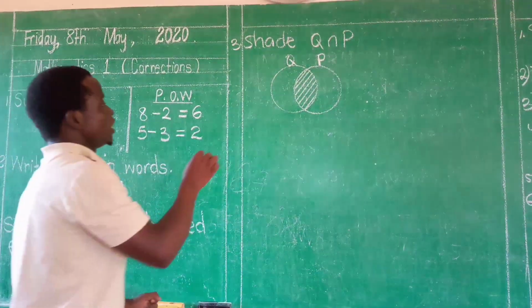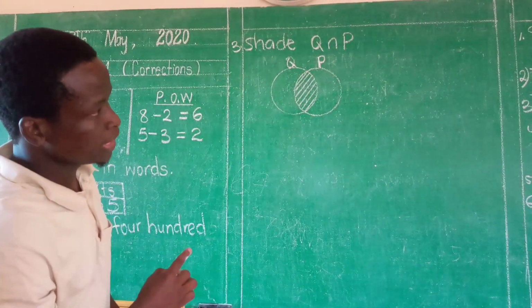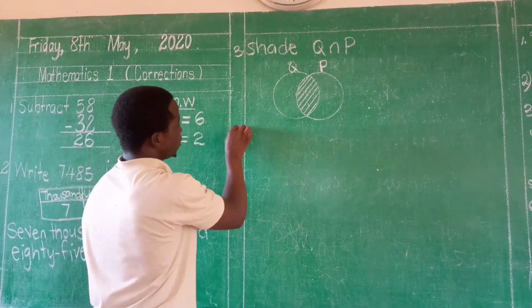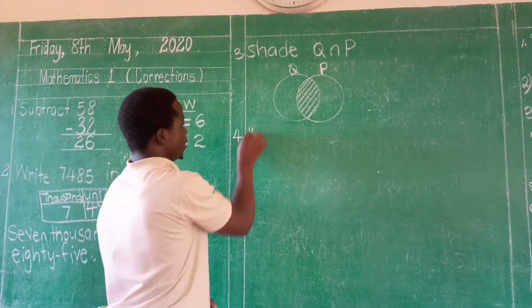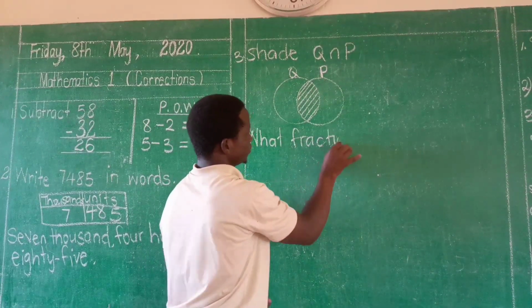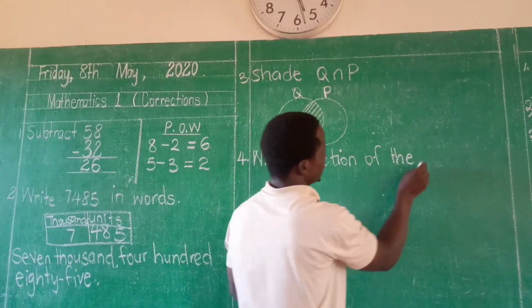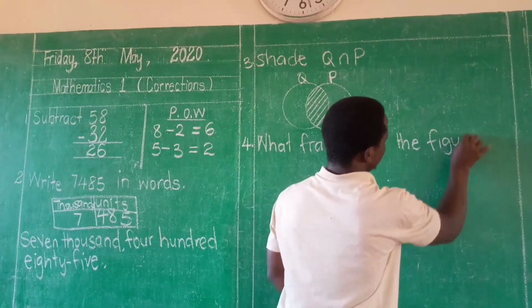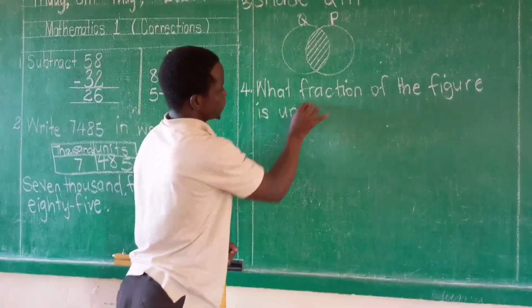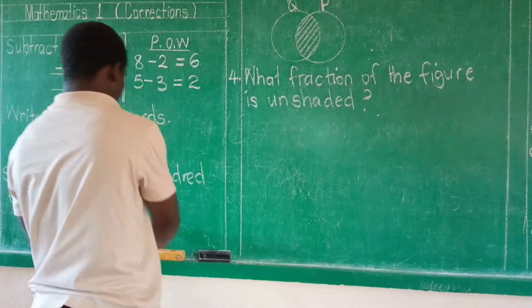The question was, what fraction of the figure is unshaded? With a question mark.